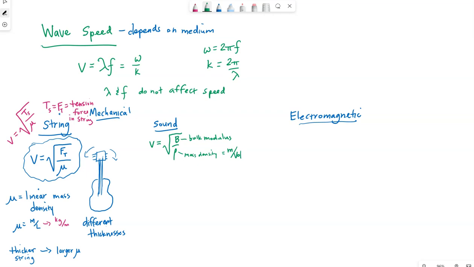Sound can travel, of course, through air. It can travel through different gases, through liquids, and through solids. How fast it travels depends upon what that material is. So steel would have a certain bulk modulus, a certain density, and thus sound could travel at a specific speed through steel.